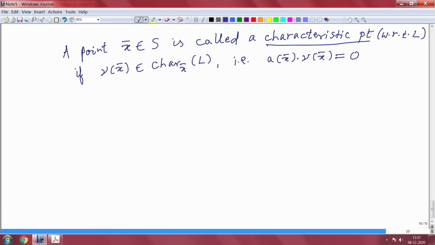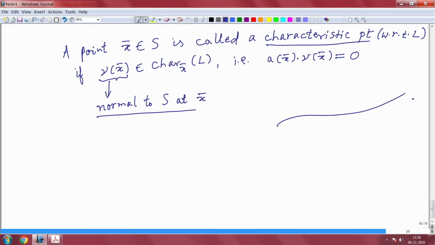So, what is nu of x bar? This is the normal to S at x bar. So, here is S, here is x bar, and this is nu of x bar.